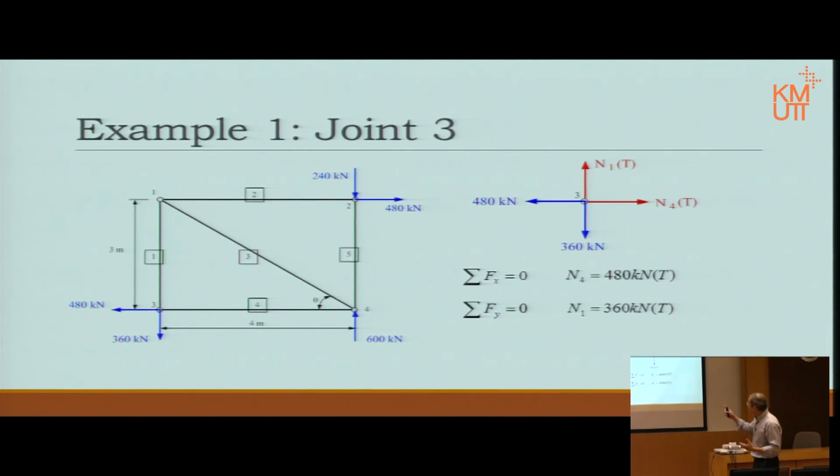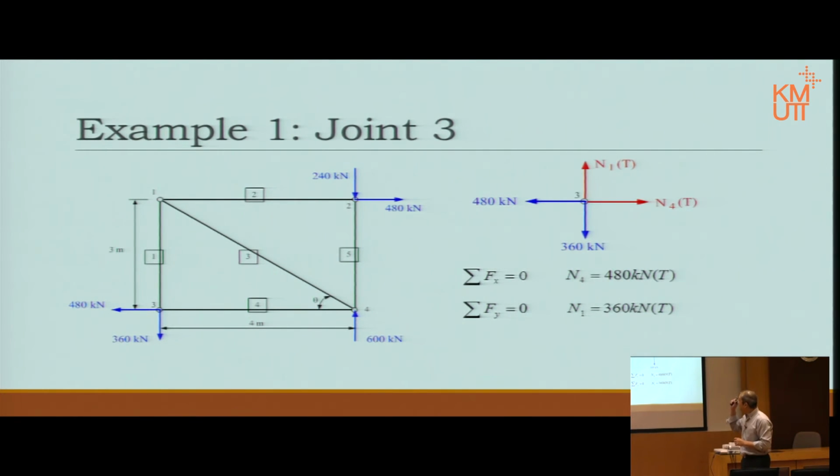Now, since we know N1 and N4, joint 1 now doesn't have 3 unknowns, and joint 4 doesn't have 3 unknowns. At joint 1, there is only N2 and N3 we don't know, because we already know N1. On joint 4, we know N4, so there is only N3 and N5 that we don't know.